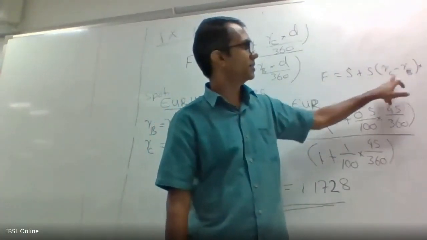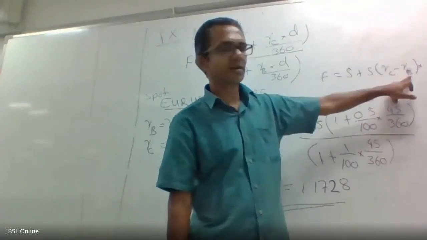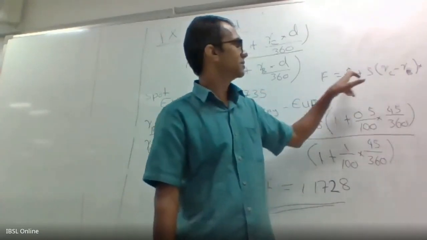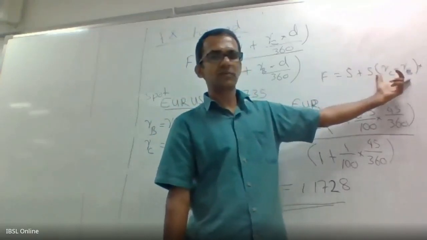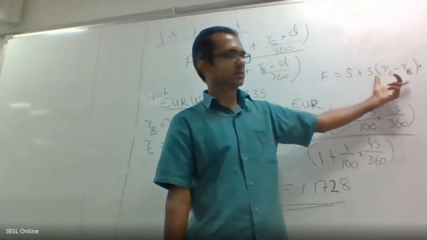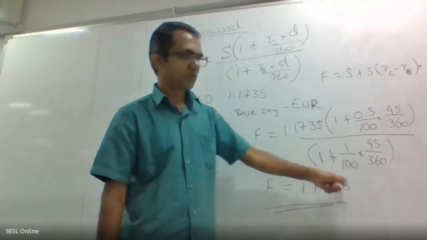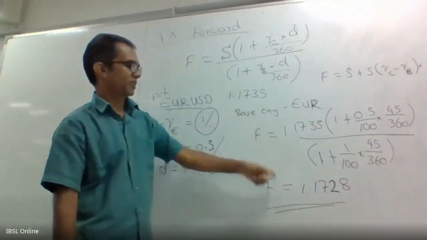RC minus RB, RC is lower than RB, you get a negative figure. So therefore, you subtract something from the spot rate.